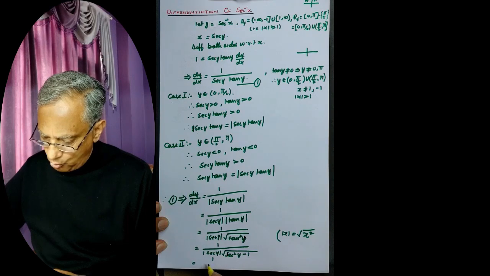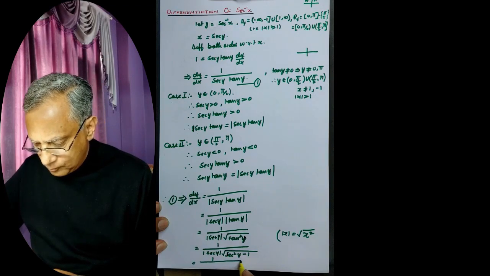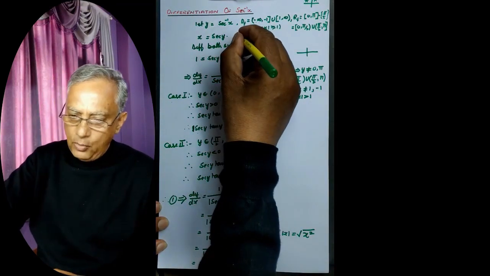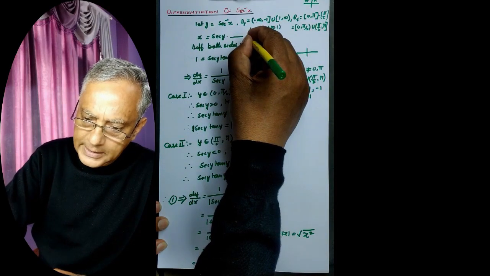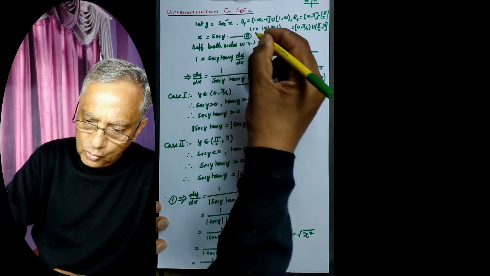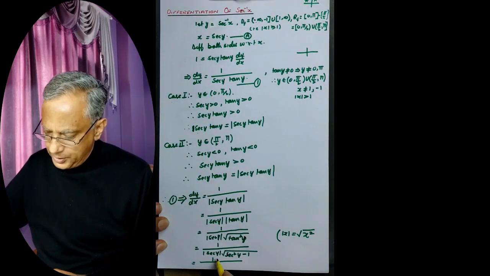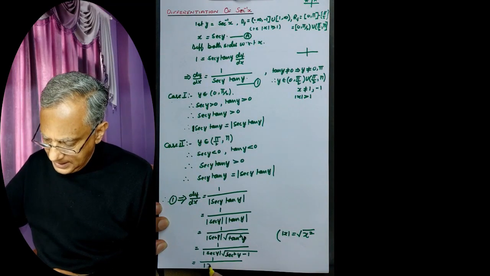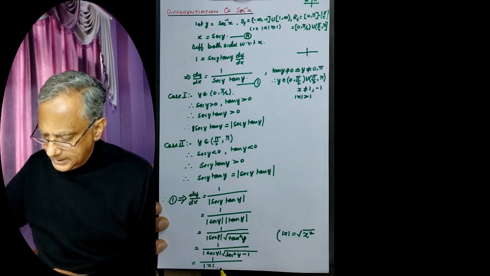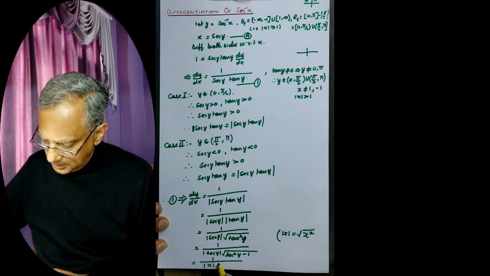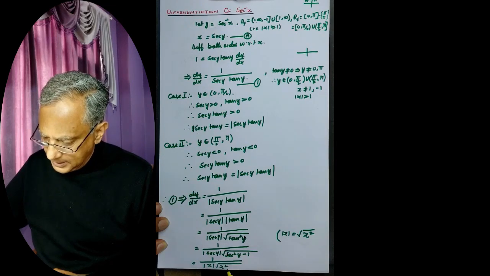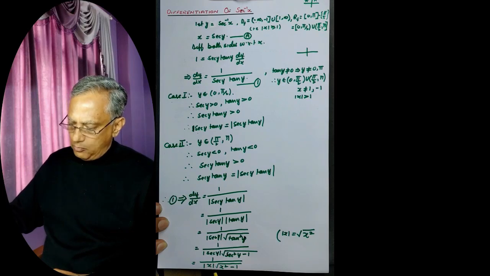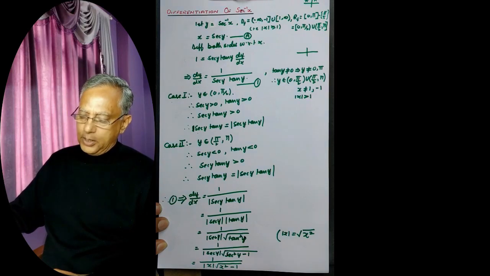And this is equal to 1 upon, now secant y from this equation, call this as say A, from this equation secant y is x. So 1 upon mod of x under root x square minus 1.